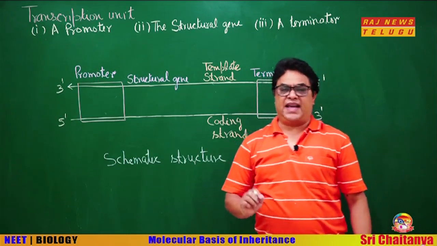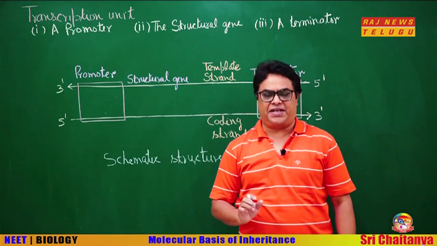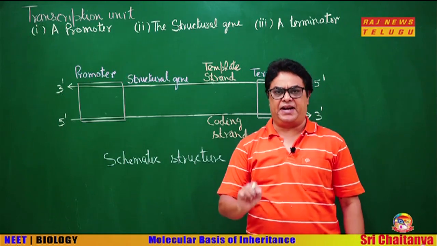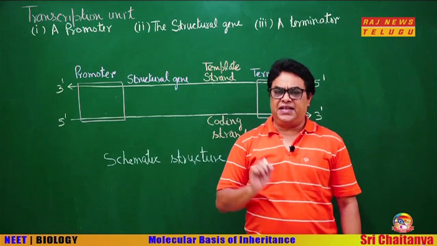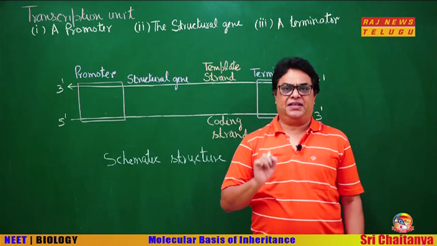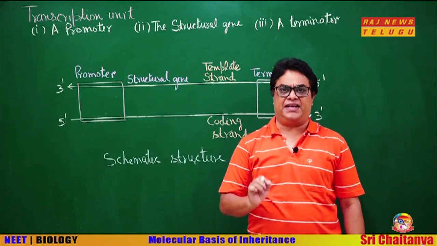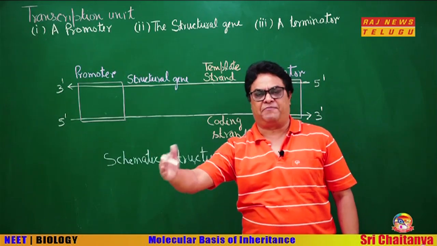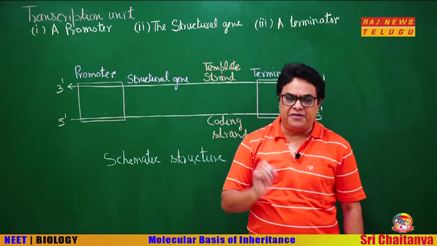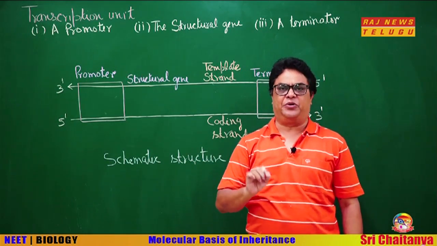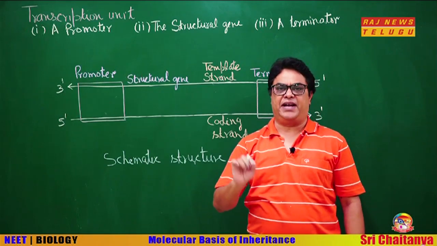Now, the enzyme involved in transcription is called RNA polymerase. It is a DNA dependent RNA polymerase. Listen very carefully: this enzyme polymerizes RNA only in the 5' to 3' direction. It means the template DNA should have the orientation 3' to 5'.